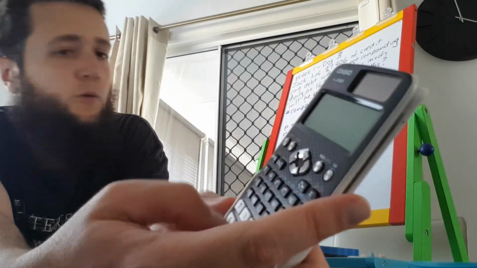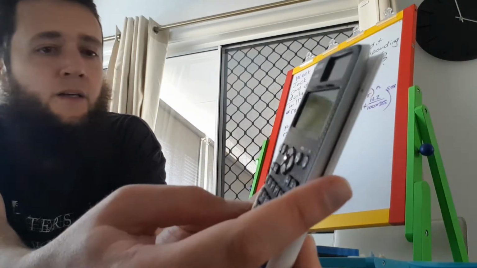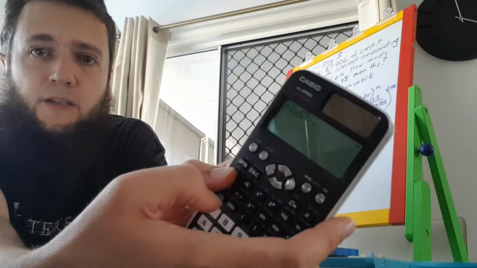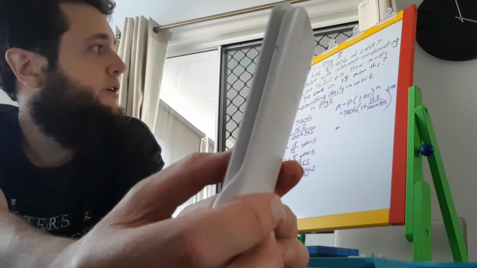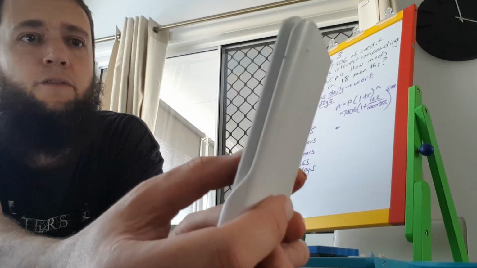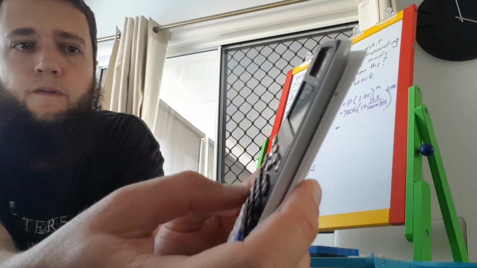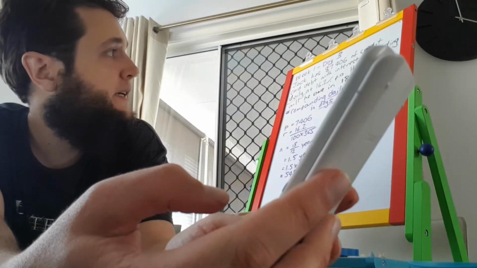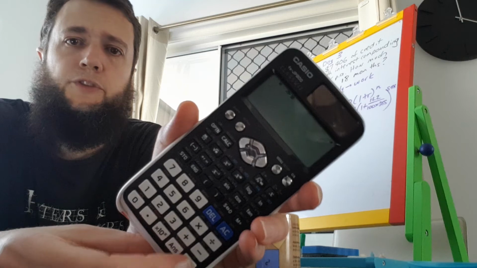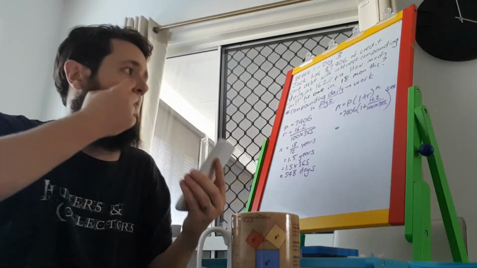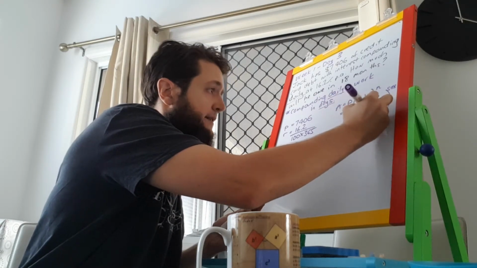So I'd go 7406 times, I need to open a bracket, 1 plus, and then I need a fraction, so I'm going to press your old friend the fraction button, 16.2 over 100 times 365, close the bracket, and to the power of, x to the power of blank, and 548 equals, and I'm getting $9,444.74.